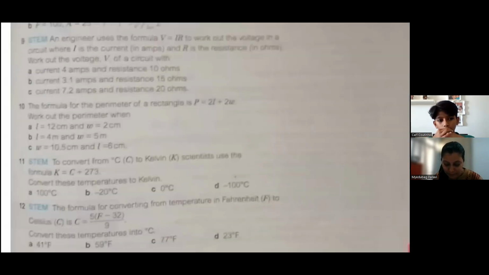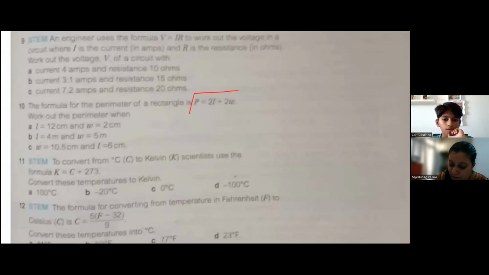Question number 10. The formula for the perimeter of a rectangle, as we have seen earlier also, is twice length plus twice width, right? So we have to work out the perimeter for each of these when different values of length and width are given. Let's find it out. Just try it.